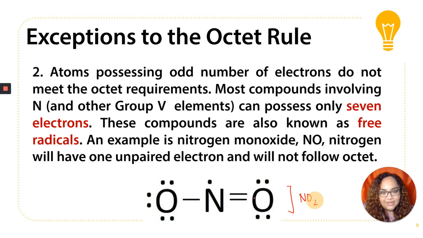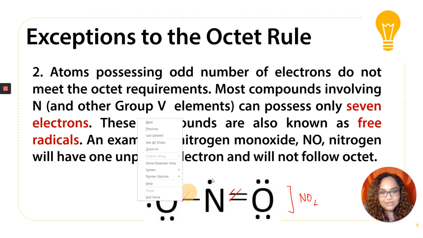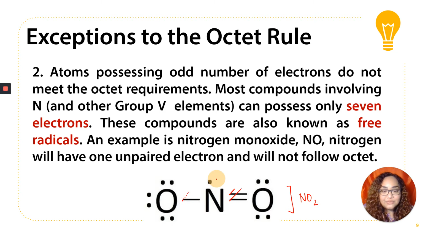Now, if you count the number of electrons in nitrogen, it will not be 8. So let's count. This is 2, this is 4, this is 6, and then there's only 1. So 6 plus 1, there will be 7 valence electrons. But does that make NO2 unstable? No, because nitrogen is already happy with just 7 valence electrons.